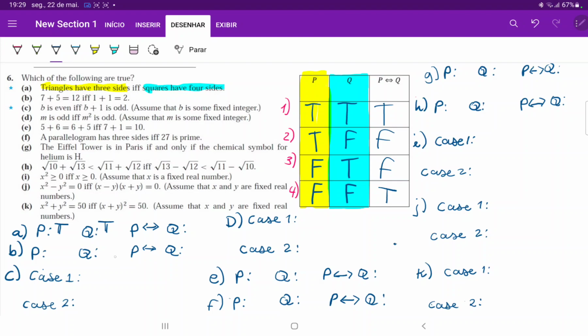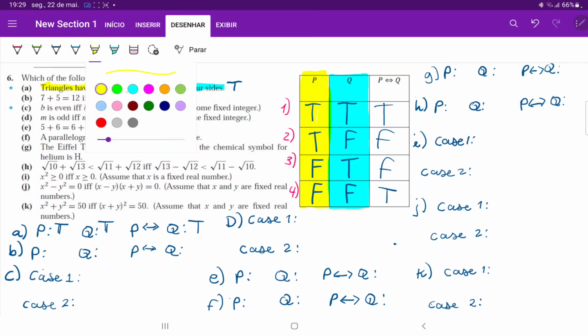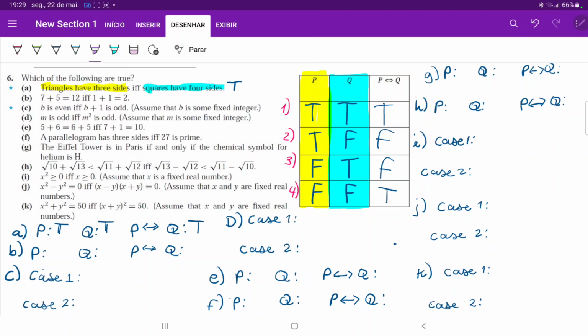So because P and Q are true, we're going to reference row 1 where we have true and true, and then we can see that the biconditional is also true. So we're going to put a true here, and then I'll just highlight these when we are done, maybe in purple just so that we can get it out of the way. So that one is done.